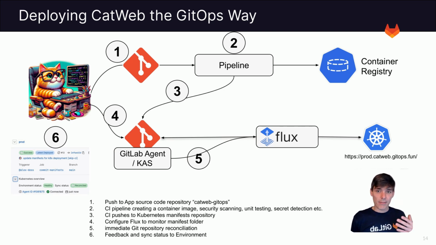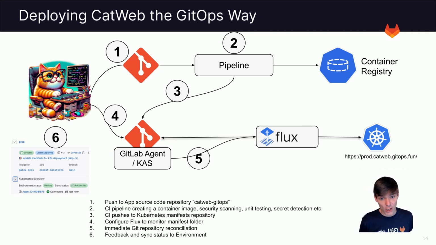Now, the normal sync interval, as we've seen, was configured to 5 minutes. And we saw that the application was updated way quicker. We had a look after 3 minutes, but it was updated right after the deployment. And why was that? Because we have the integration here between the agent and Flux.